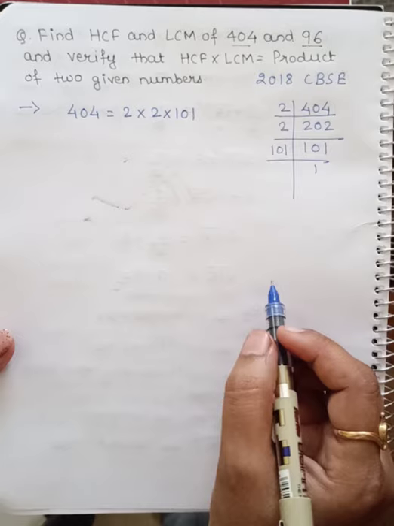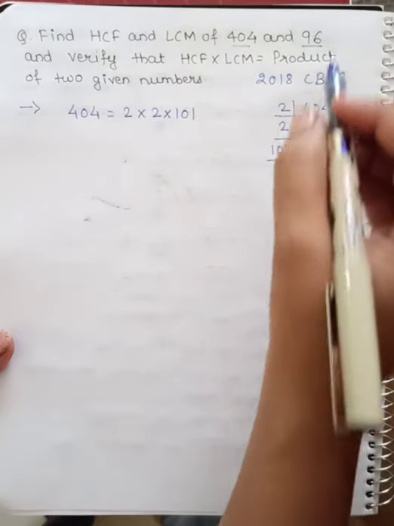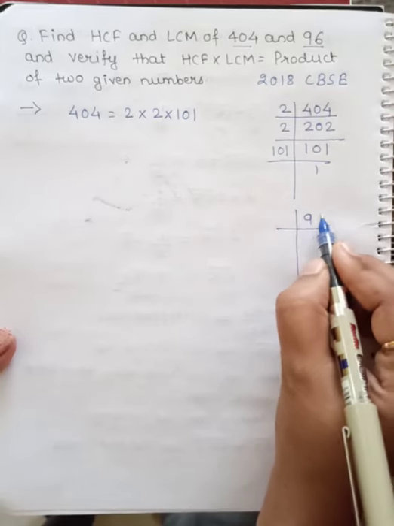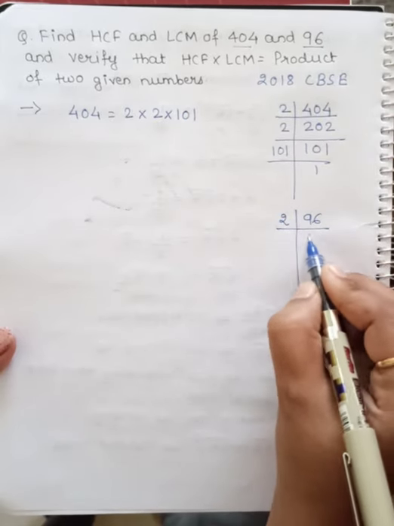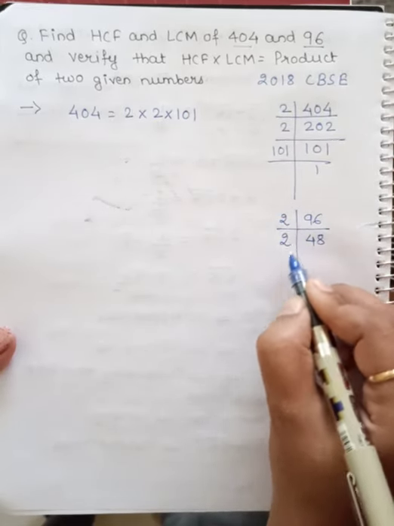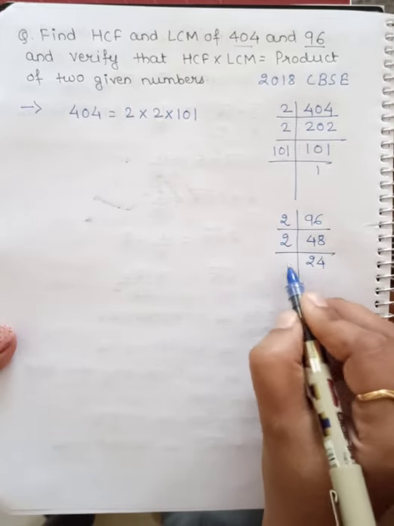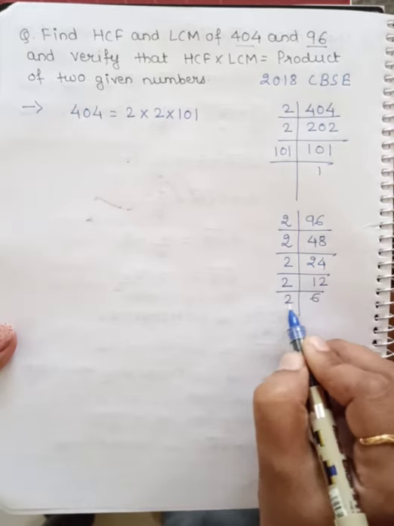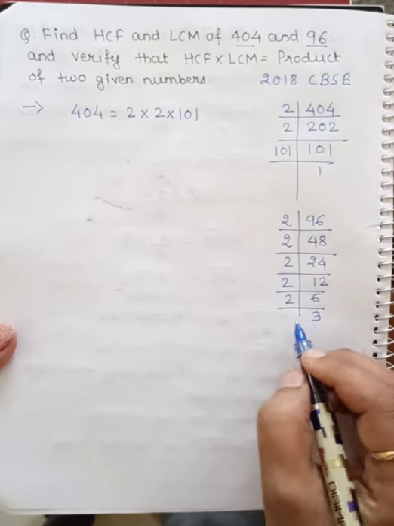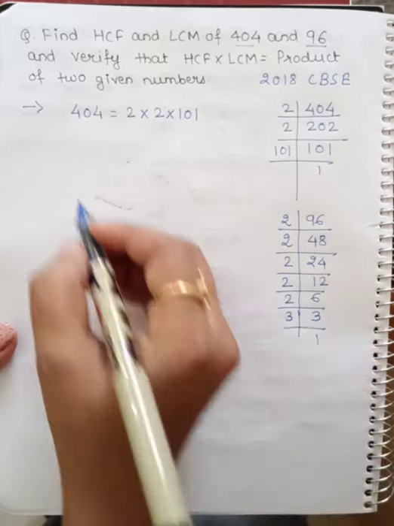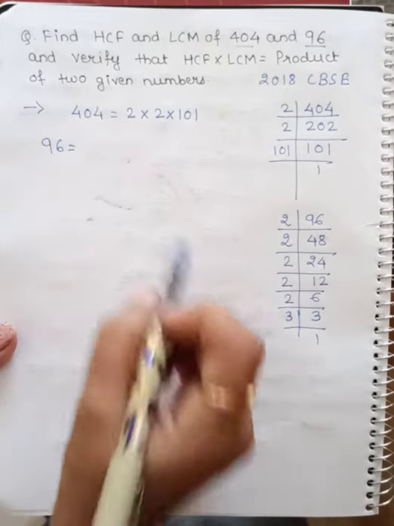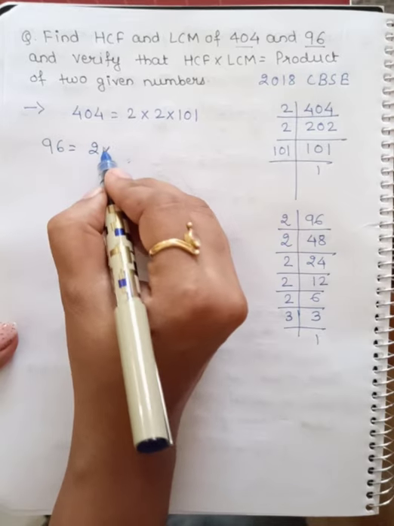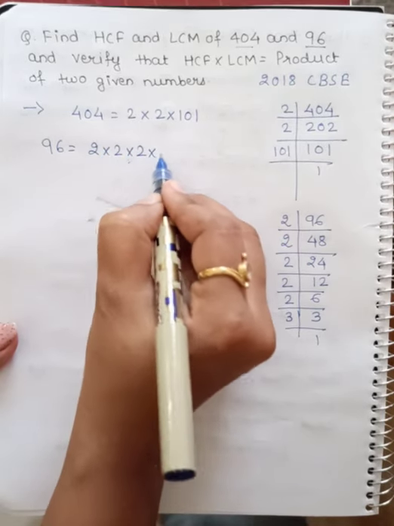Similarly, let us find the prime factorization of 96 also. Dividing 96 by 2, you get 48. Again it is divisible by 2, you get 24. Again by 2, 12, 2, 6, 2, 3 and 3, 1. So 96 can be written as 2 into 2 into 2 into 2 into 2, 5 times 2, into 3.